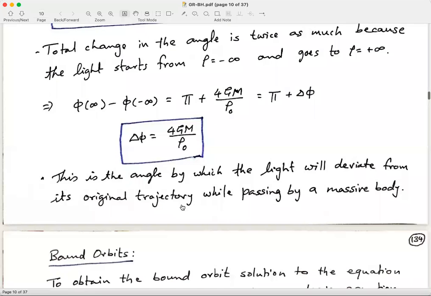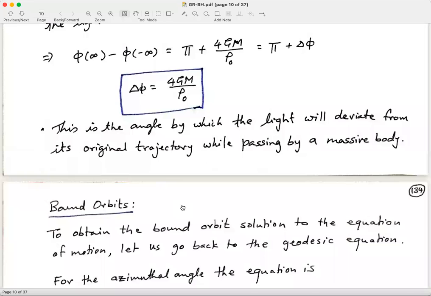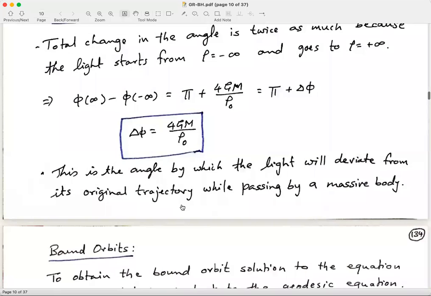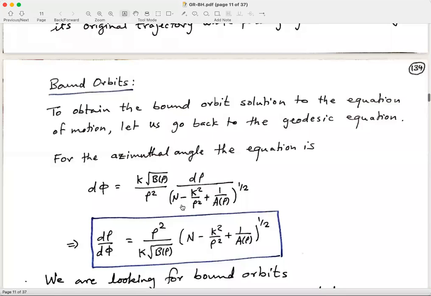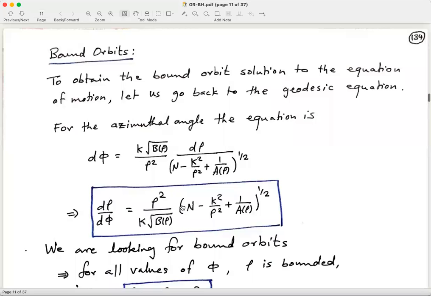The other thing that we could do while studying the geodesic equation is to study bound orbits. What we are doing is in reverse order compared to what we would have done in classical mechanics or quantum mechanics, where we usually study the bound state problem first and the scattering problem later.